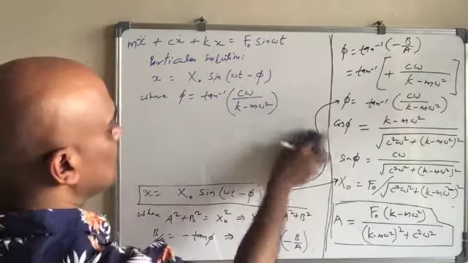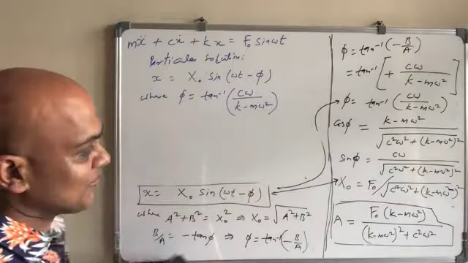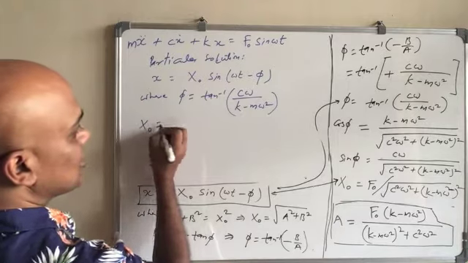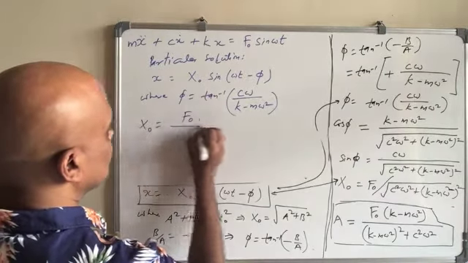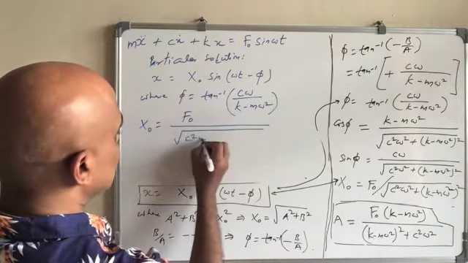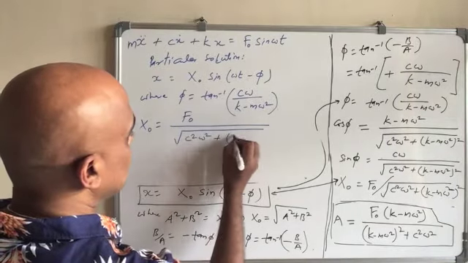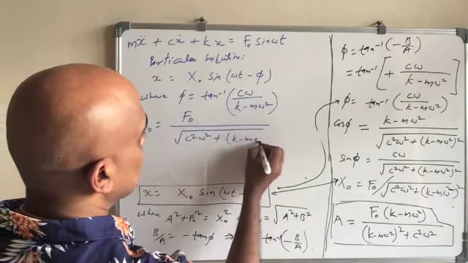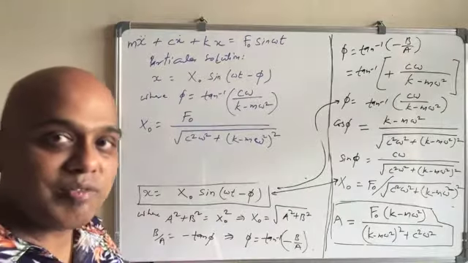And then what else do we get? X naught is equal to F naught divided by root of c square omega square plus k minus m omega square, whole square. So this is the solution we got.